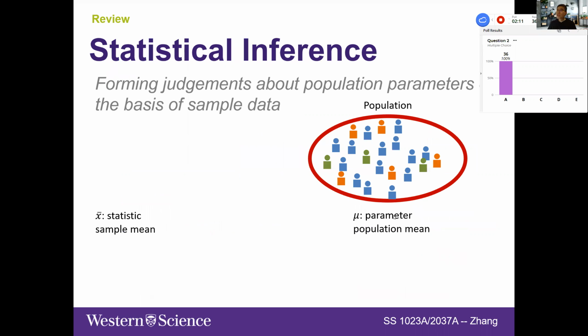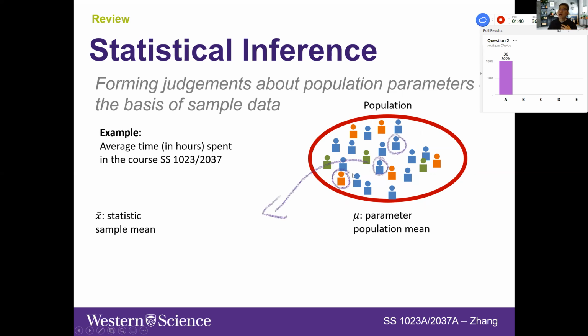Okay, so let's quickly review what we covered in the previous lecture. When we talk about statistical inference, basically what we are trying to do is guess the parameter of the population, which is usually considered unknown. Because it is unknown or very expensive to get, we collect some information from a sample, and then we calculate the sample statistics.